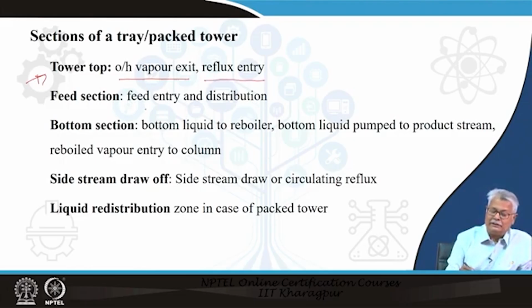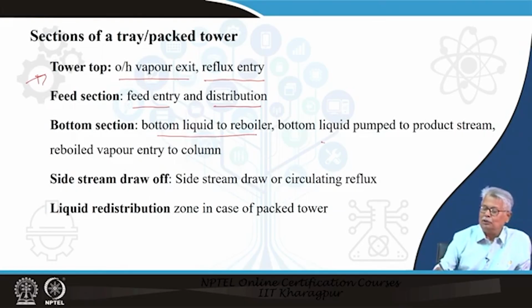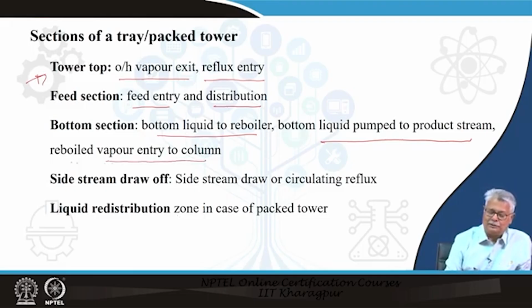You will have the feed section which will have the feed entry nozzle and the distribution of the liquid. In the bottom section, the bottom liquid will be sent to the reboiler, and it will also go to the pump to be sent out as a product stream. In the bottom section, there has to be a vapor entry to the column which is coming from the reboiler itself. There are some columns which offer a side stream draw facility also.